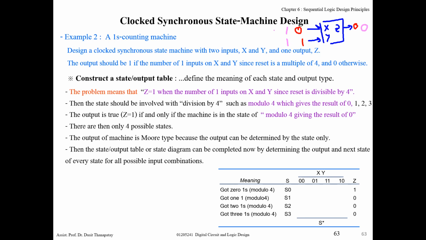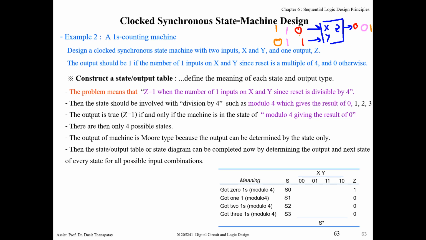If the next input XY is 1, 0, the total number of logic 1 inputs is now 4, which is a multiple of 4, so output Z is 1.